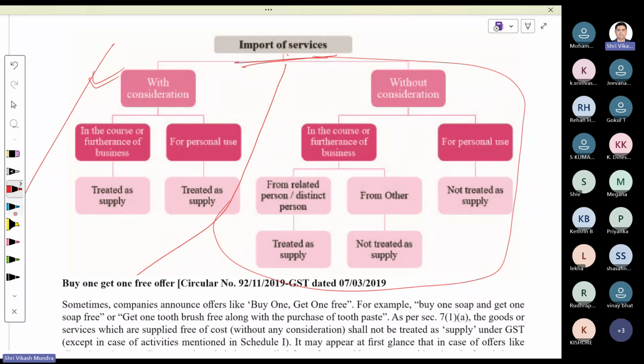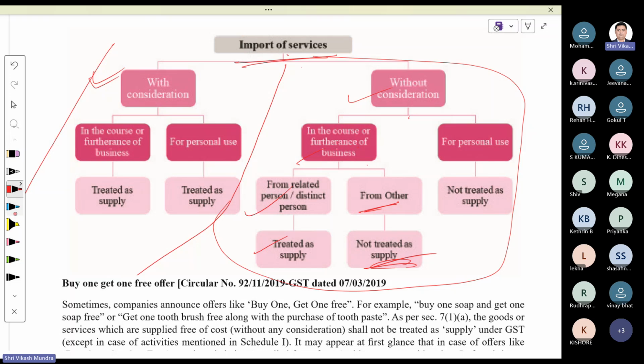If I am importing services, even though it is without consideration, but if it is for the furtherance of business and it is from a related person or distinct person, it will be considered as a supply. If it is without consideration and for the purpose of my business, but the seller is not a related person, then it is not treated as supply.